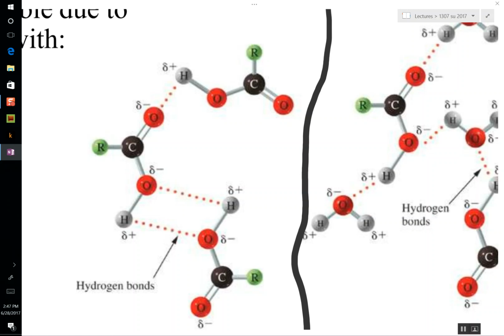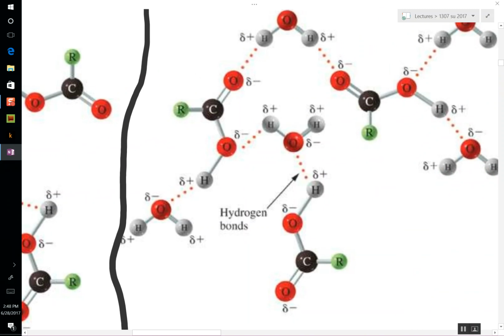All right, in the same sense that this OH bond on the carboxylic acid is a polar bond, so is the OH bond on water. So the water molecules can hydrogen bond here, a hydrogen can hydrogen bond there, and a hydrogen on the water can hydrogen bond to the carbonyl. This is why like dissolves like.